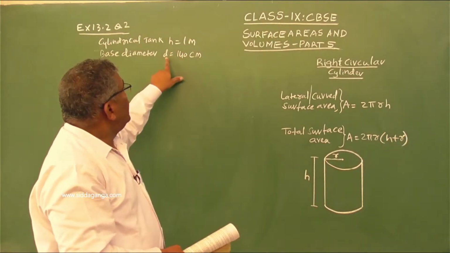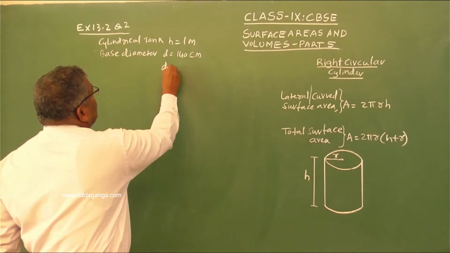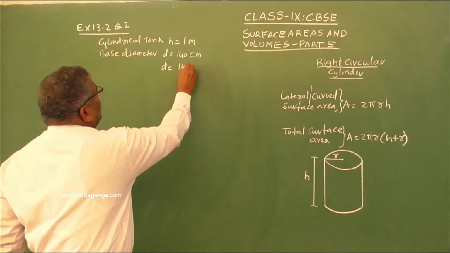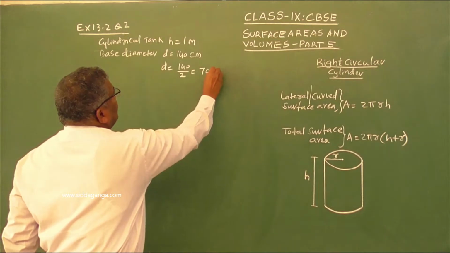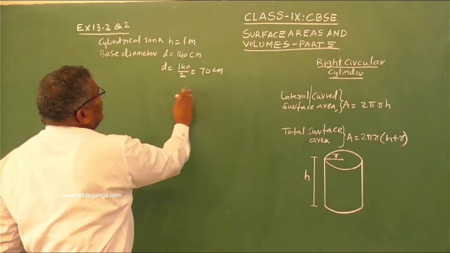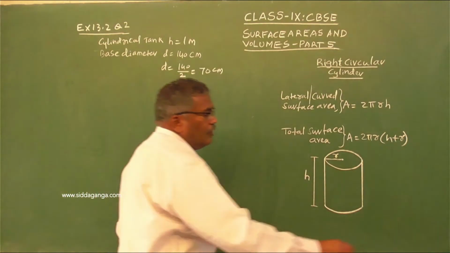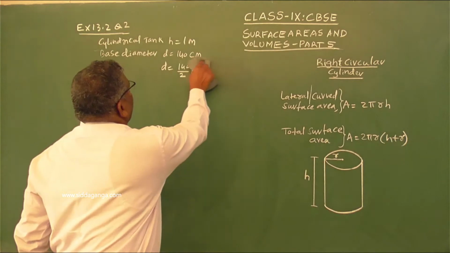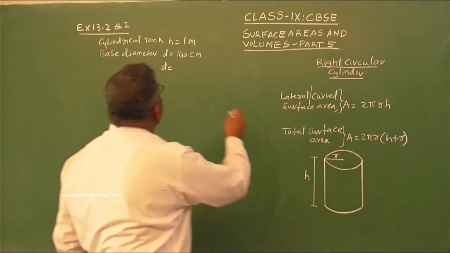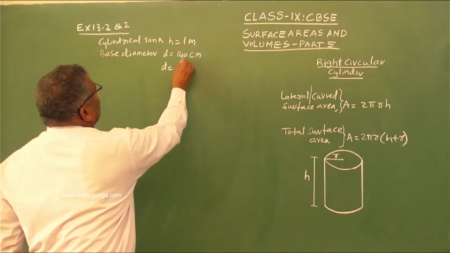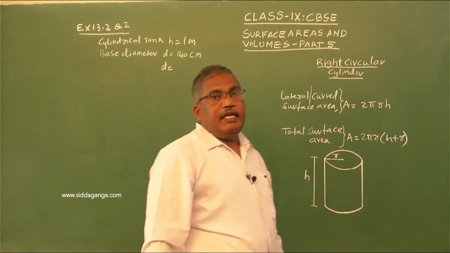So the diameter is 140 centimeter. We write the diameter as d equals 2 times r, so we have to calculate the radius.